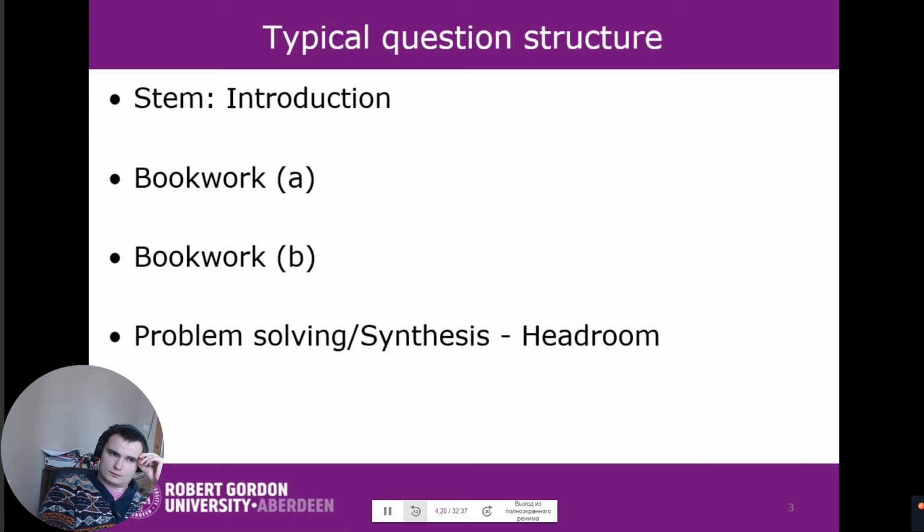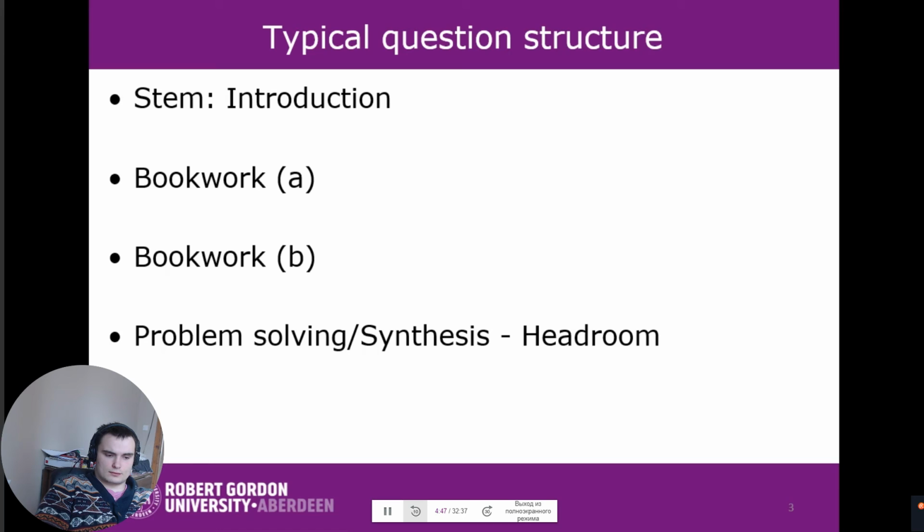Again, I'll give you an example in a moment. And then it's followed by the final part, part C, which is the problem-solving synthesis, and that's referred to in the education trade as the headroom part. Because what that does is allow you to go beyond just simply answering a question.